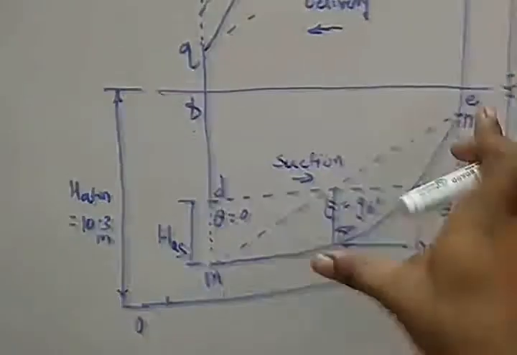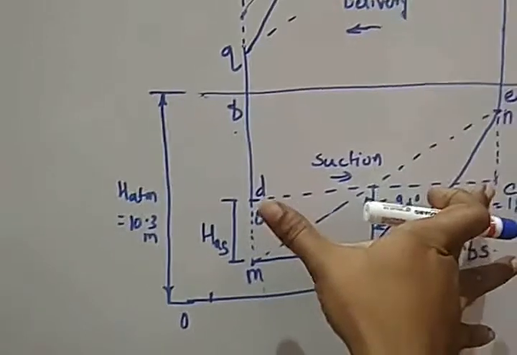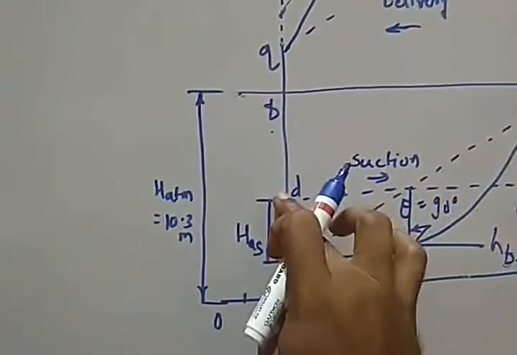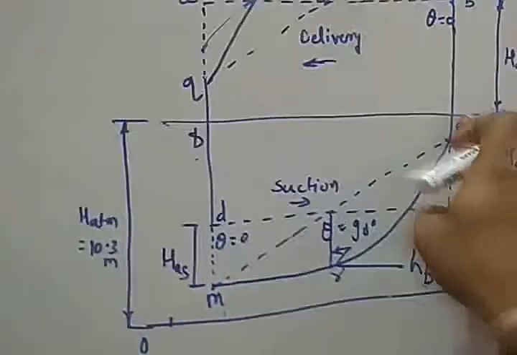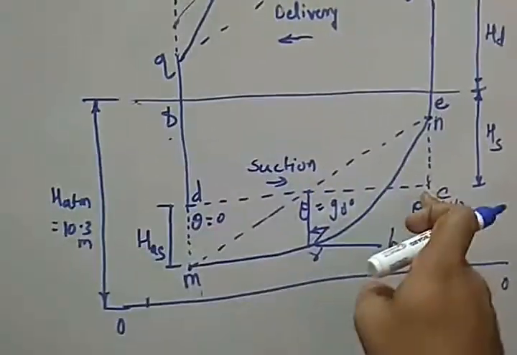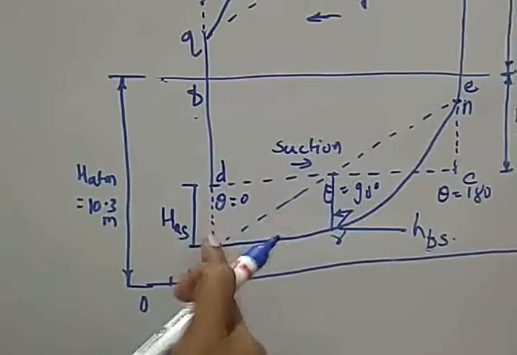I'll split this area. Just imagine that I'm moving this something like this, so this point will be over here, and this point will be over here. So this is the area of this rectangle EFDC plus the area of this particular parabola.